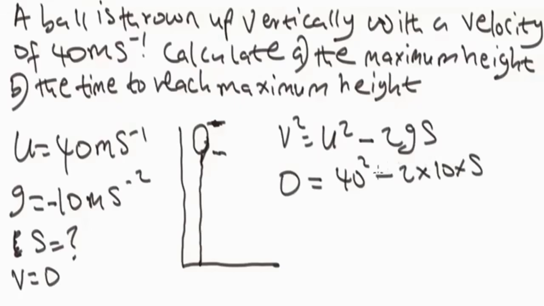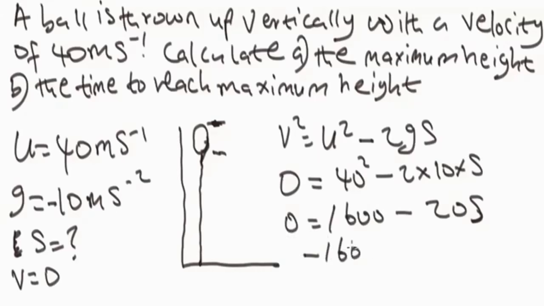When you substitute and simplify, you're going to have 0 equals 40 squared, which is 1600, minus 20x. To make x, the distance, the subject of the formula, this 1600 crosses over, so it's going to be minus 1600 equals minus 20x. Right, so you divide both sides by minus 20.